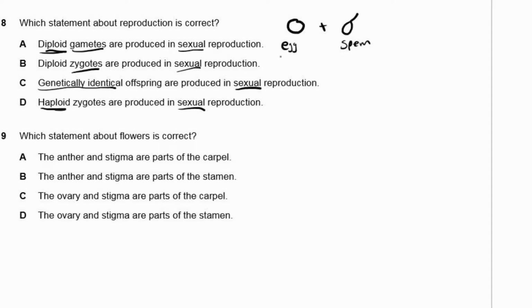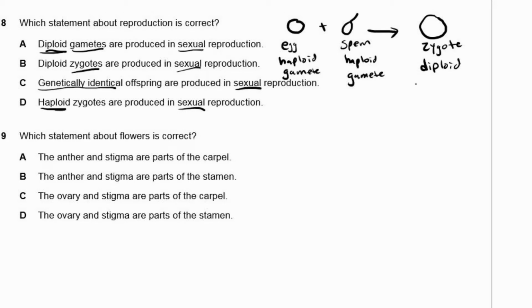And so an egg is a haploid gamete plus a haploid gamete. And what does that produce? When you have an egg and a sperm, you get a fertilized egg, which is known as a zygote. And that is haploid plus haploid produces diploid, and 2 gametes, that's a zygote.